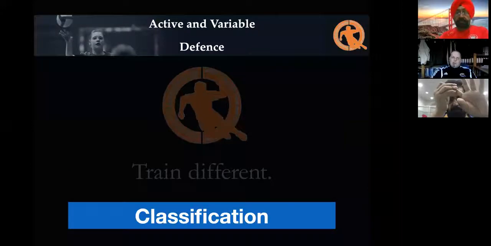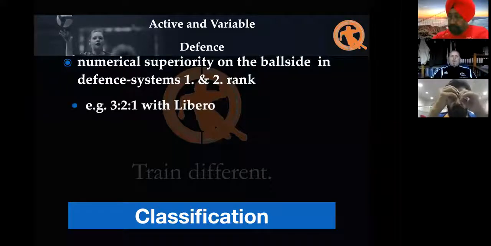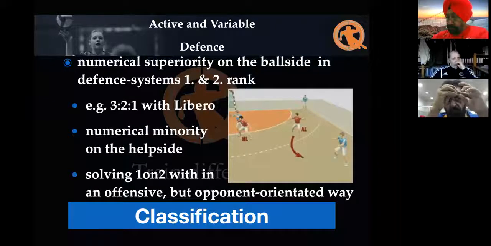And there is something else we want to have in these types of defense, first and second rank. We want to have a numerical superiority on the ball side. This helps the defense, because with that numerical superiority on the ball side, the defense can decrease the space.